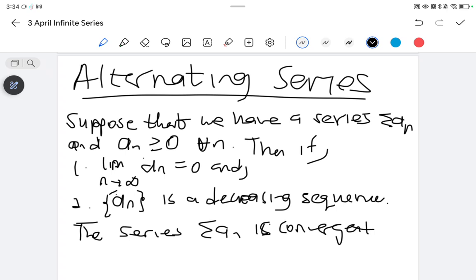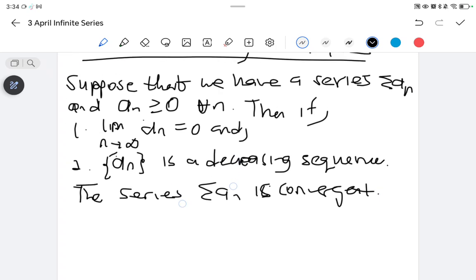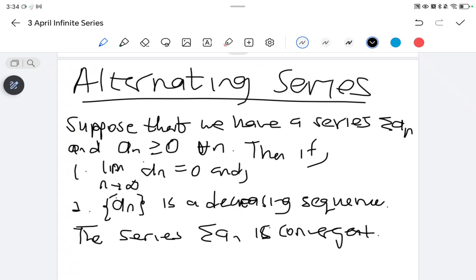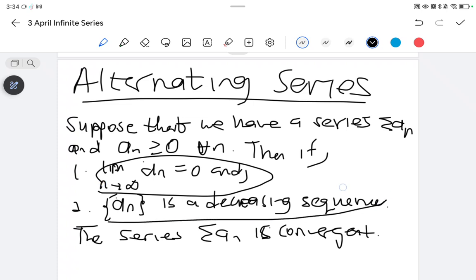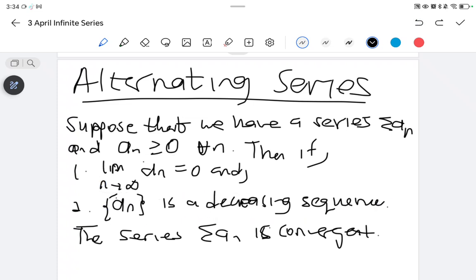So now here's the thing. Suppose that we have a series a_n, and it should be positive. Then if we have the limit, which is 0, and we have that this is decreasing, that is the case. Decreasing, we are trying to say that a_n is greater than or equal to a_(n+1).